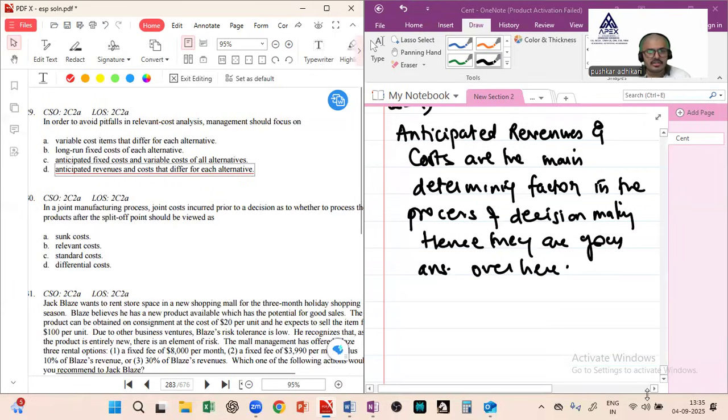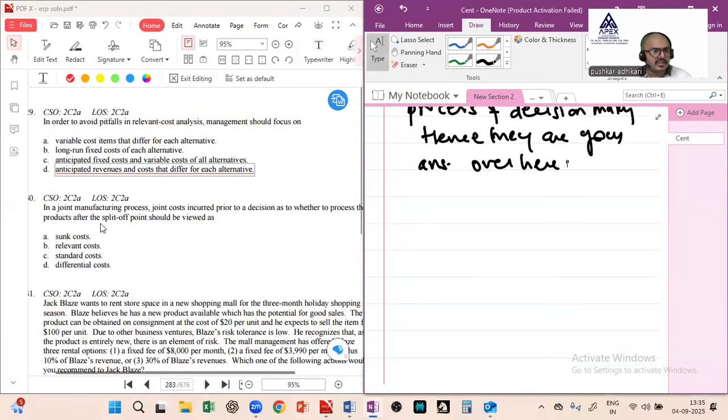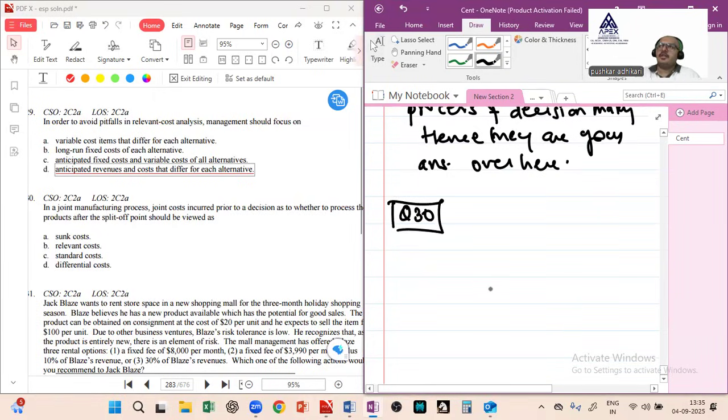Next, we go to question number 30. What does question number 30 ask us? Question number 30 asks us in a joint manufacturing process. Oh, very important. We are going to do this with the help of a diagram. Now, let us say that there is a manufacturing process.